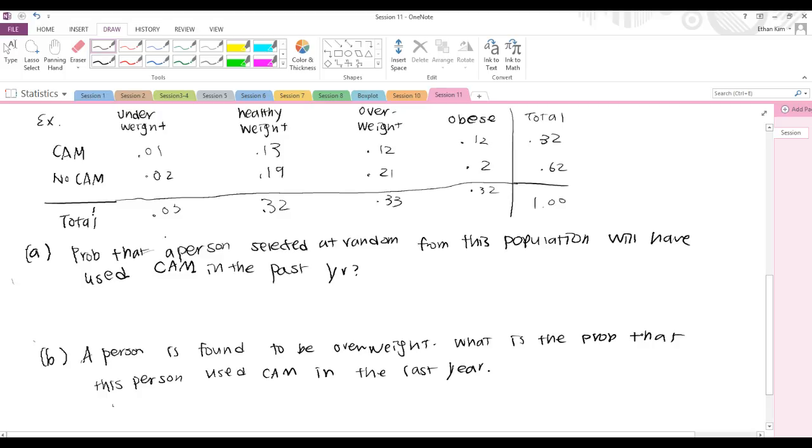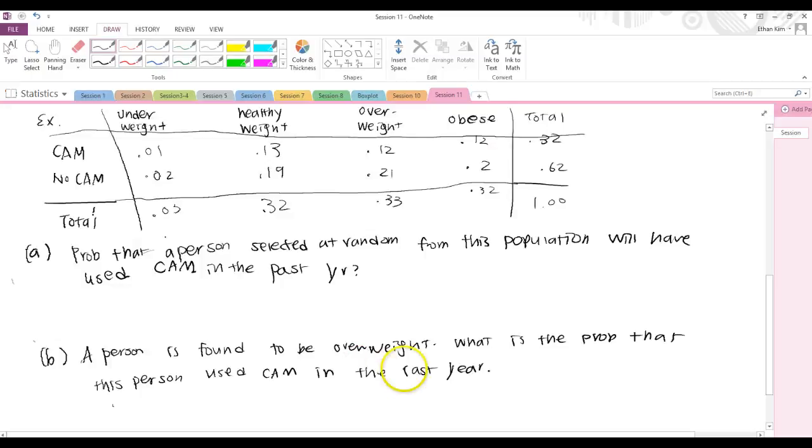Alright, so I hope you all worked on it, or tried to read the question and see what's going on. So here is the chart. Basically what it's saying is that this is the data from last year, and if you use this therapy method, CAM, then these are the percentages, and we have no CAM, and these here are the probabilities.